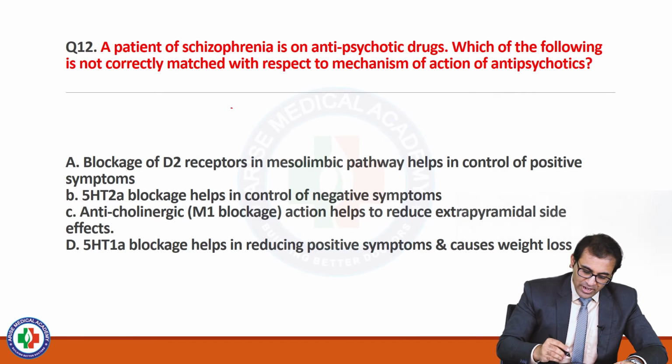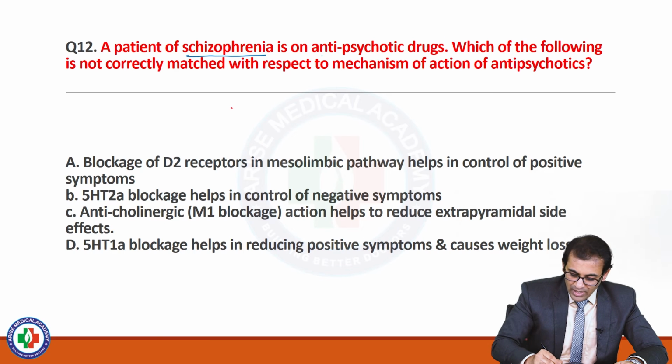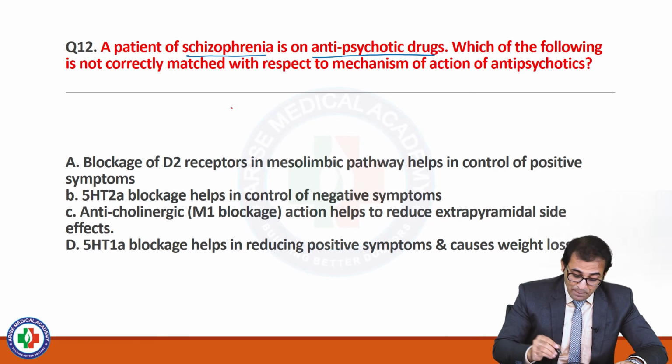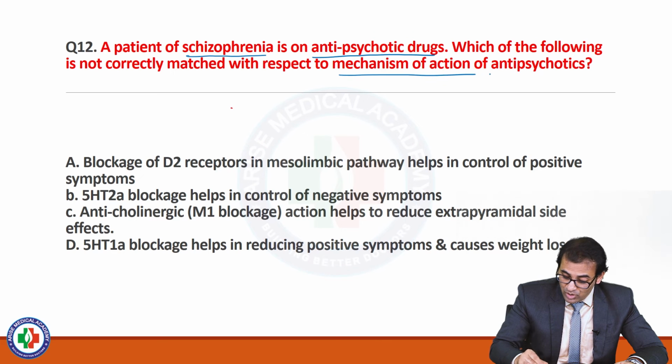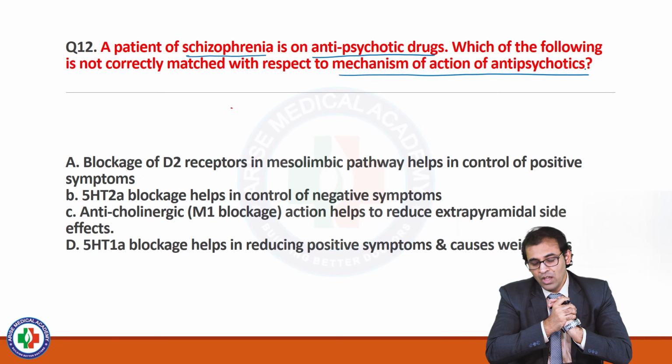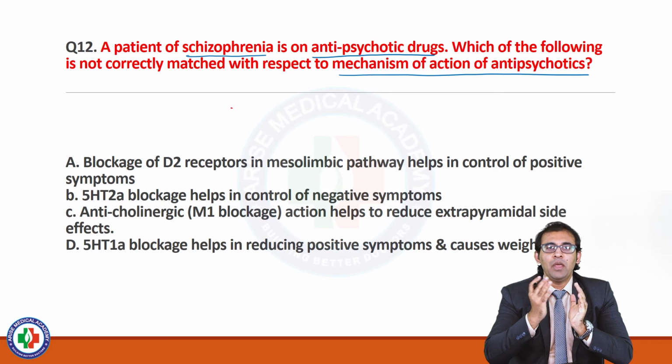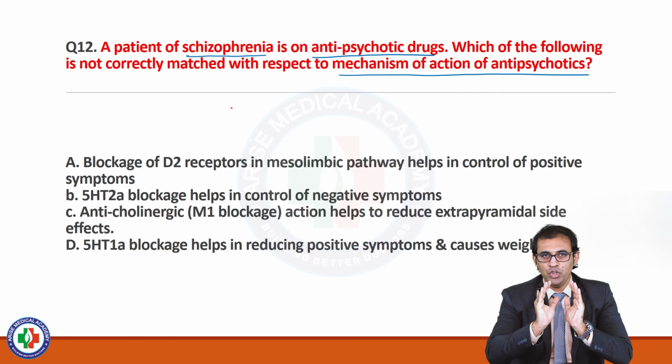Okay, next question. A patient of schizophrenia is on antipsychotic drugs. Which of the following is not correctly matched with respect to mechanism of action of antipsychotic drugs? See, most of the questions are related to psychopharma, right? And mechanism of action of antipsychotic drugs is very, very important to learn.